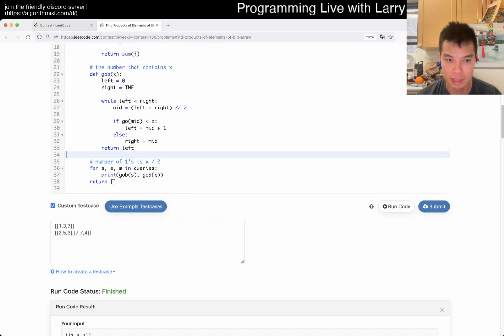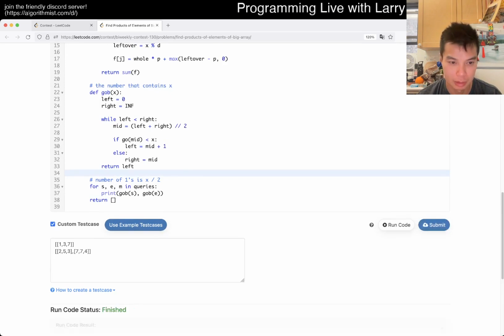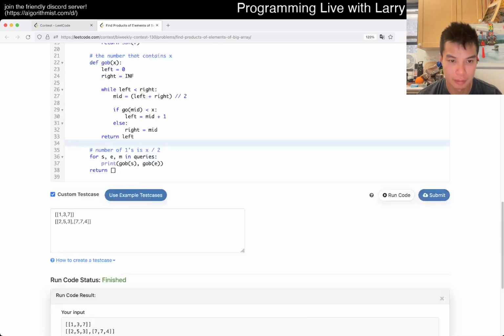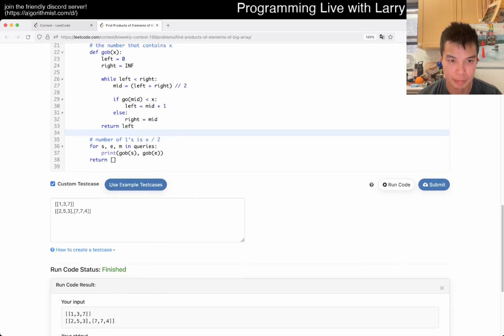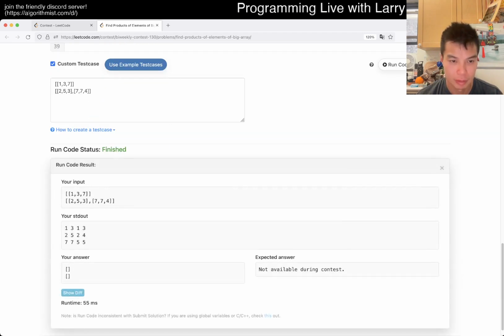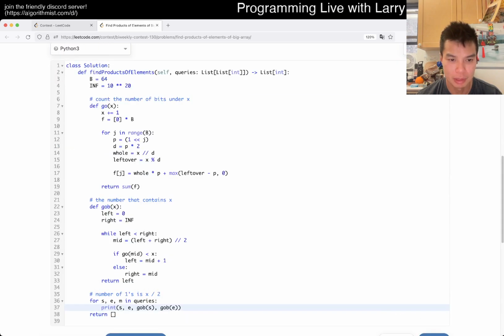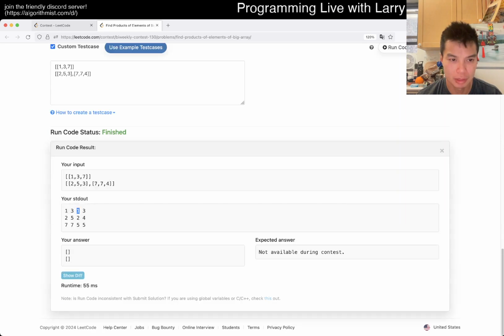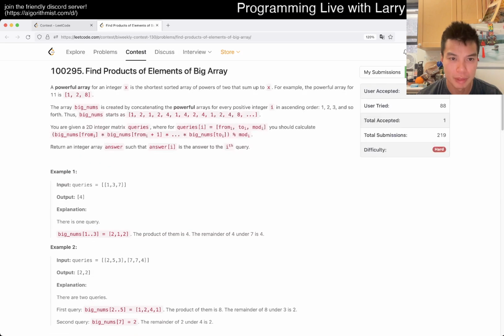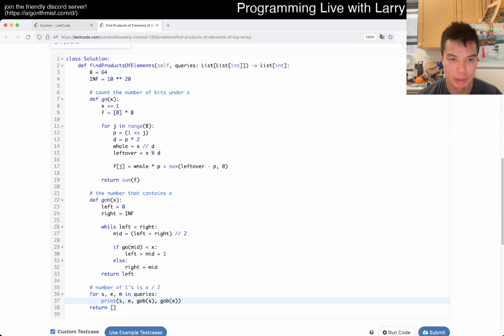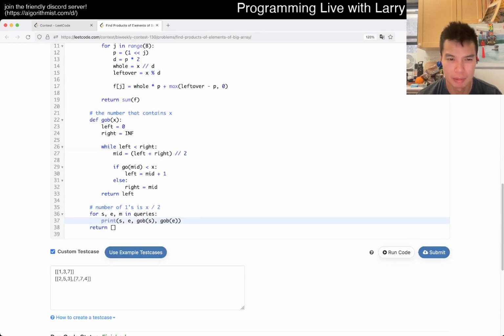Right, so now we can see that 1, 3, this is part of 1, and the third number, is it part of 3? Don't know. The third number is part of 3, 1 and 2. Okay, so at least that's right, maybe.